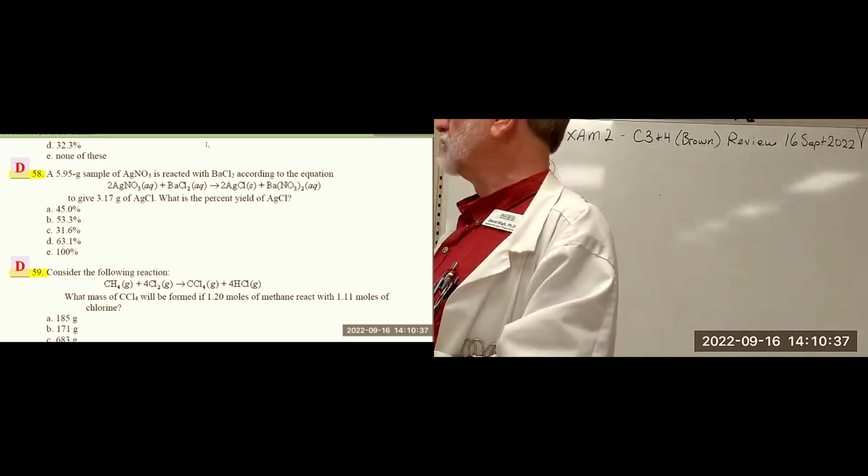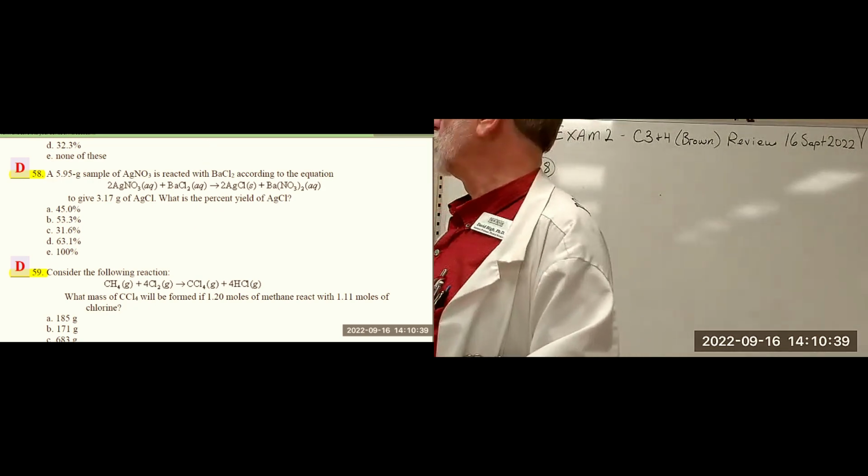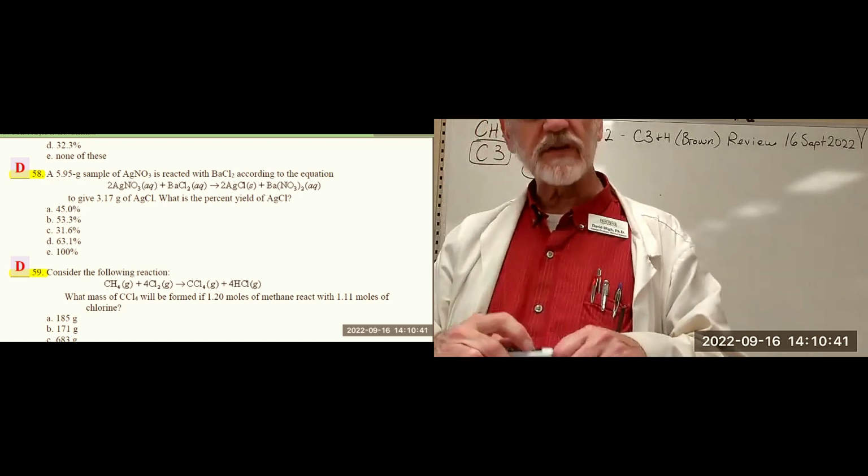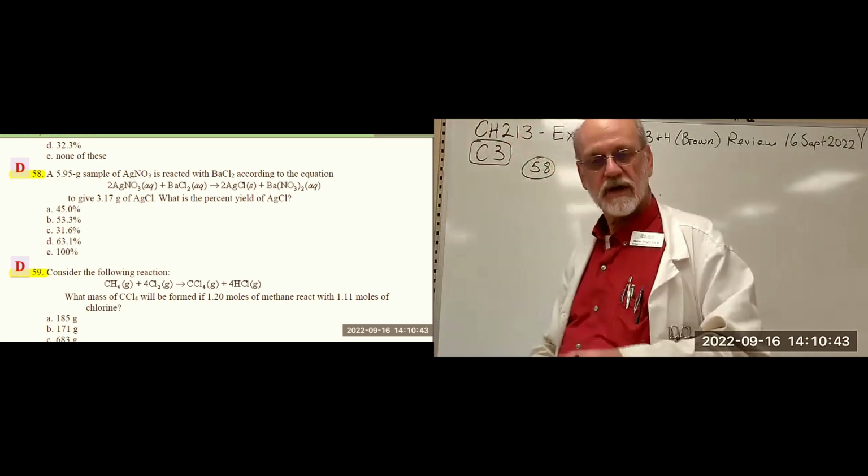So you need the theoretical value. You've got to take this in the balanced equation, find out how many moles of that, then moles of this, which would be equal, then reconvert that to mass and use that in the denominator here. And then do your calculation, and that'll give you 63% efficiency. Okay?